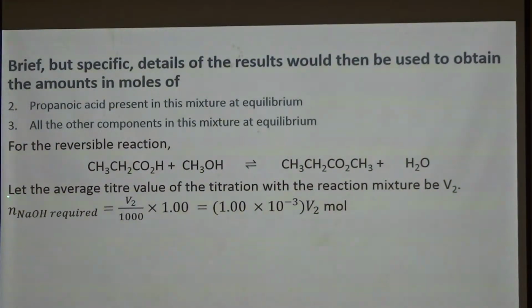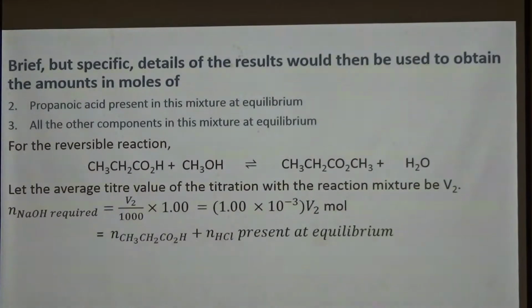At equilibrium, if you let the average titre value of titration be V2, the amount of sodium hydroxide required for the acid-base titration at equilibrium will be V2 over 1000 times 1.00. So you will get this amount of sodium hydroxide. This must be equal to the amount of propanoic acid and the amount of HCl present at equilibrium.